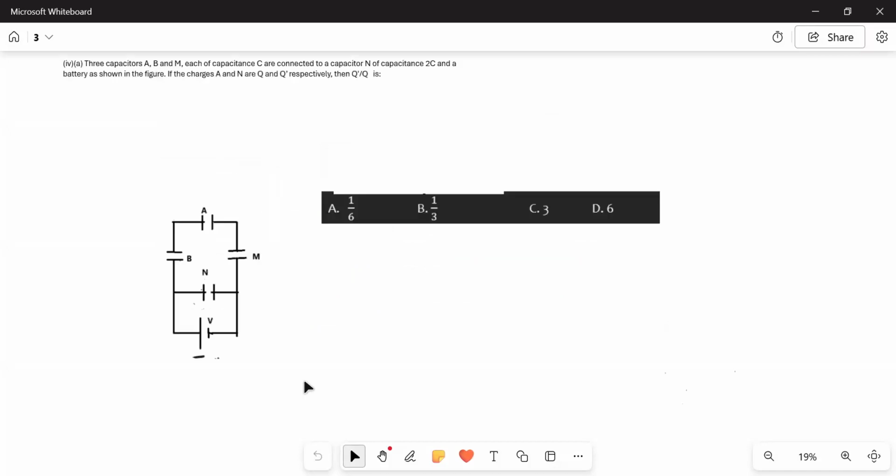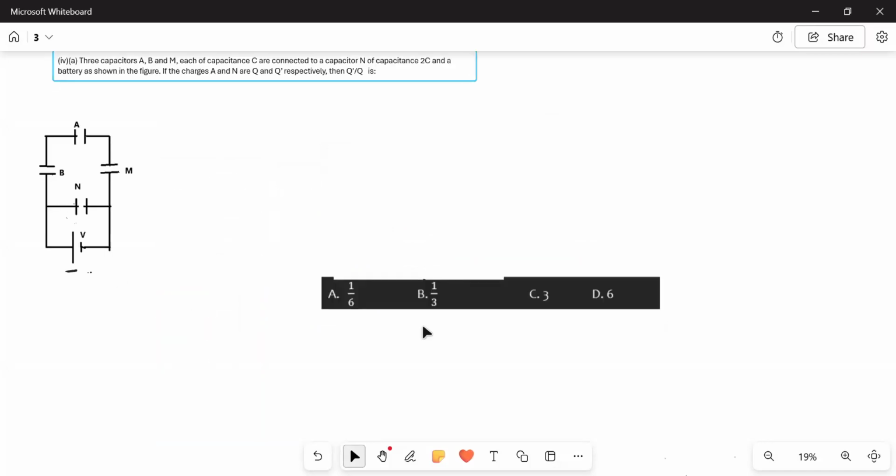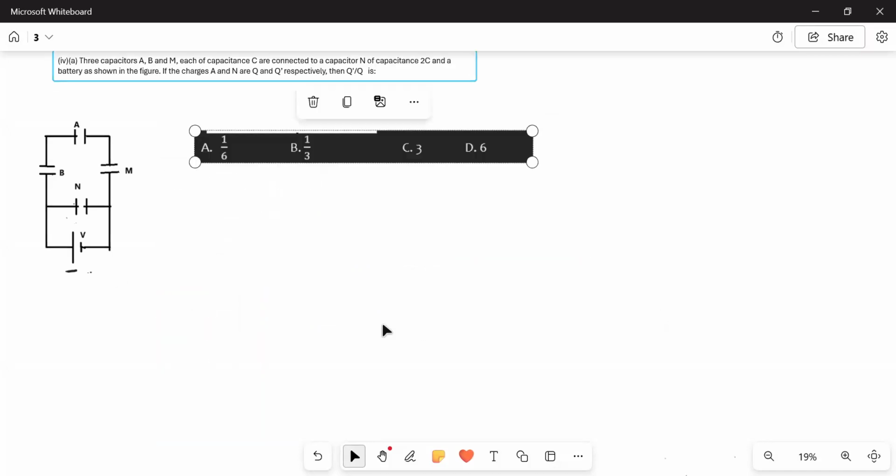Now the fourth question. There are three capacitors here, A, B, and M, connected in series, and the capacitance is C, and suppose the charge on them is Q. They are connected in parallel to N capacitor.